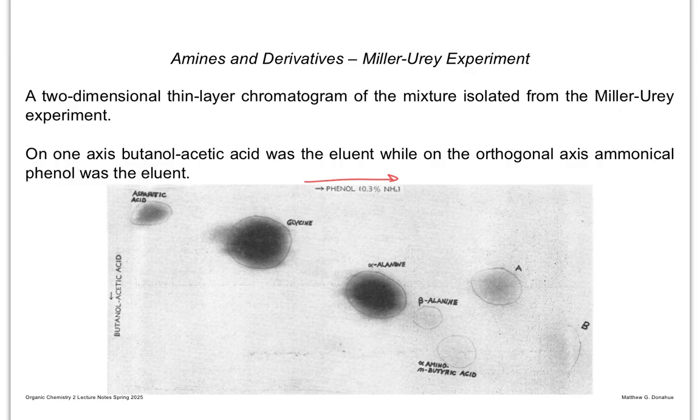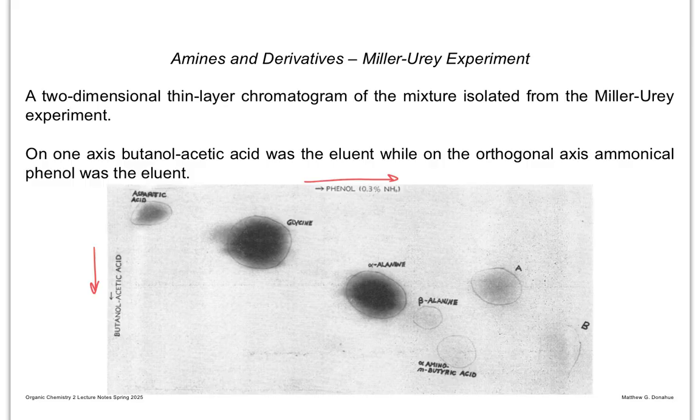The plate was taken out, turned on a different axis, and then that direction was eluted with butanol and acetic acid. And so this is a picture from the paper. And what you see are those dark spots. Those are amino acids. And so they were able to identify them relative to standards that were run under the same TLC conditions.